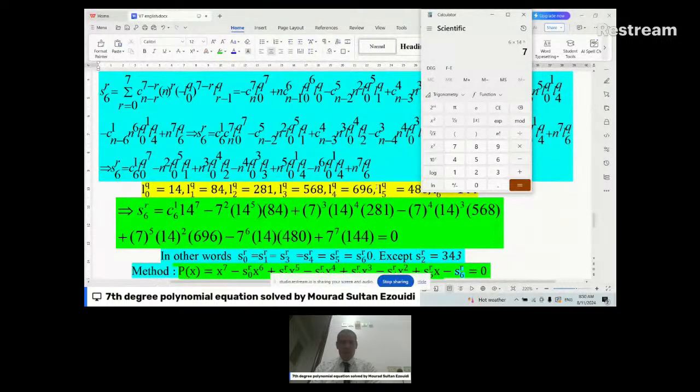This one: minus 7 squared means minus 49. Minus 49 times 14 raised to the power 5, times 84, plus 7 raised to the power 3 times 14 raised to the power 4 times 281, minus 7 raised to the power 4 times 14 cubed.